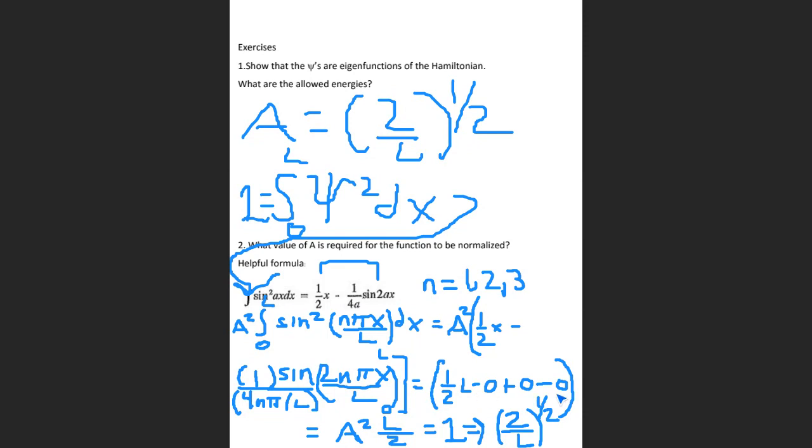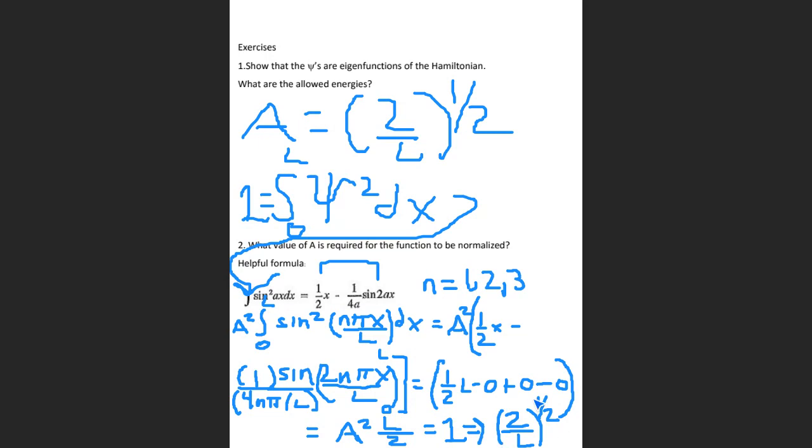But that produced 3 zeros, so the total sum was 1/2 L, or L over 2. Setting A squared L over 2 equal to 1 gives me a value of 2 over L to the 1/2 for A.